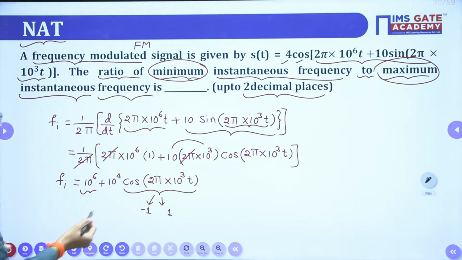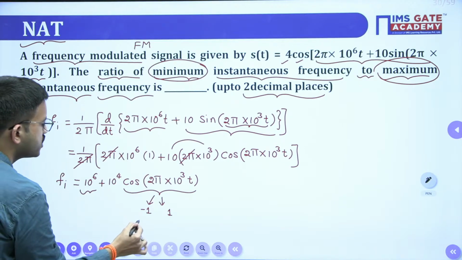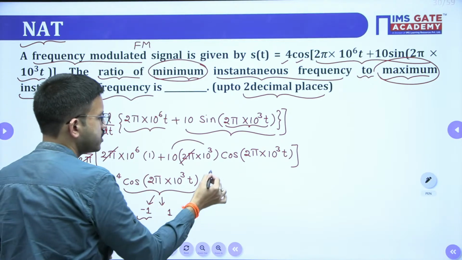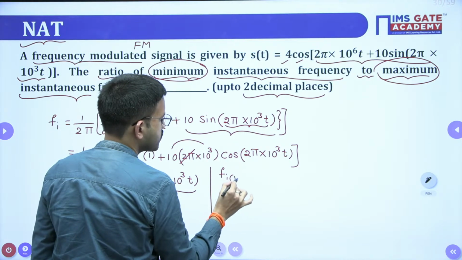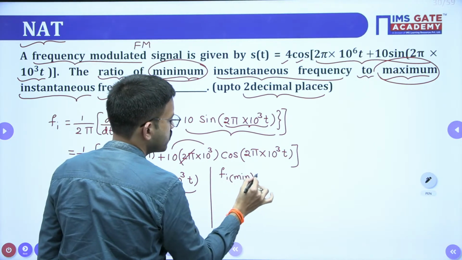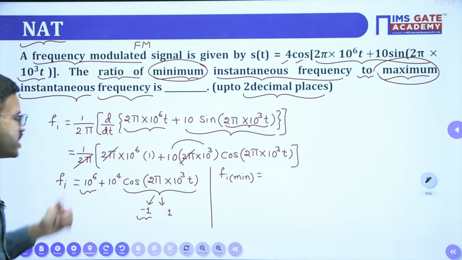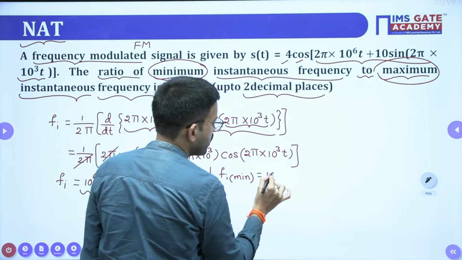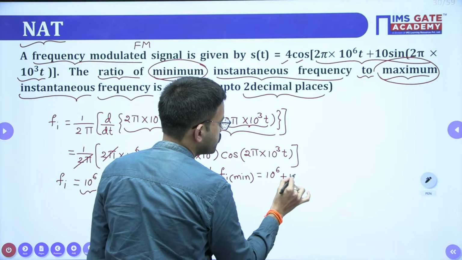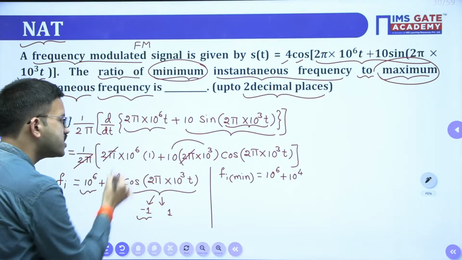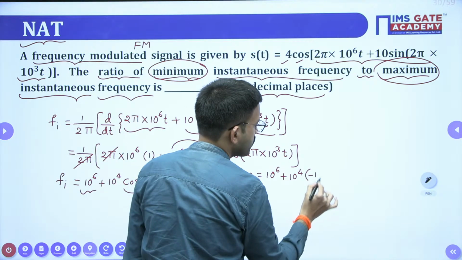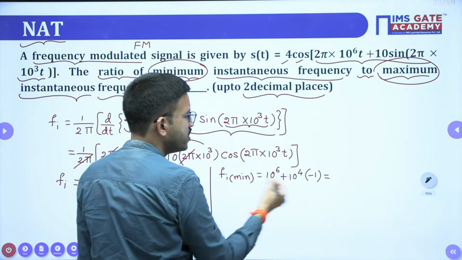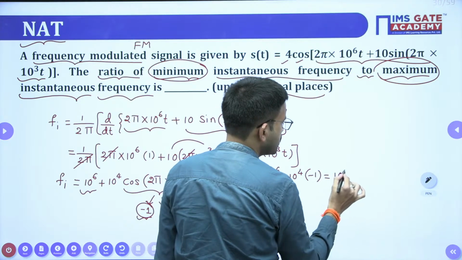So if you consider minus 1, then you get Fi minimum, the instantaneous frequency minimum value. So 10 power 6 as it is, plus 10 power 4 into cos of this entire value, where I am considering the minimum value, that is minus 1. From these two, you can take 10 power 4 as common.